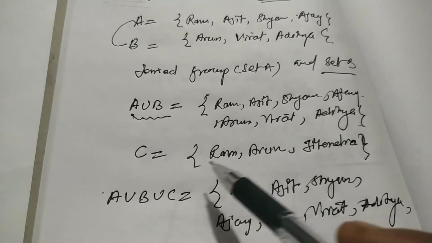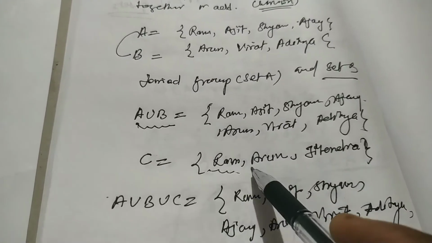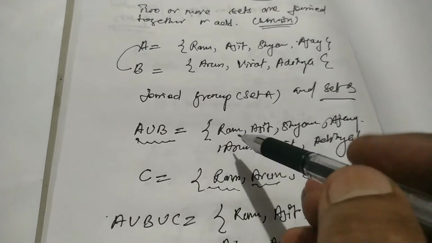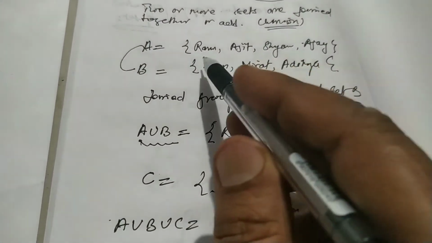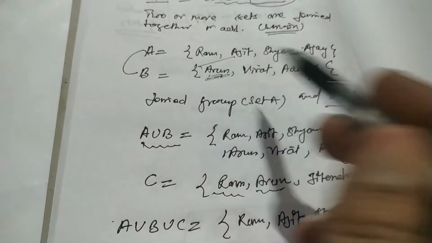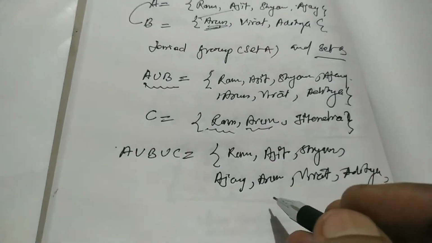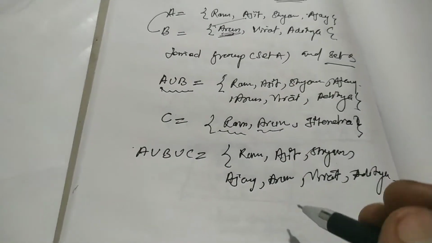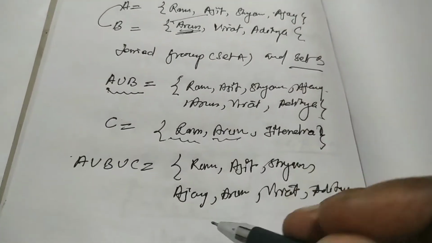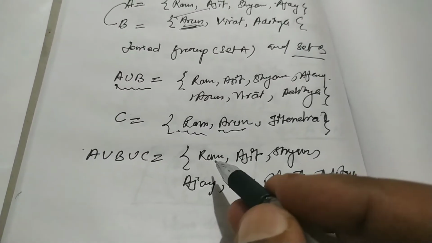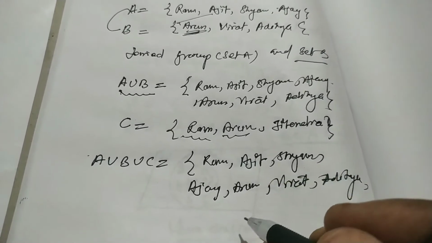and here, see, Ram and Arun are present in sets A and B. Ram is in set A and Arun is in set B. We cannot write them twice in a fresh group. If you want to make a list of these three groups' members, you cannot write the names Ram and Arun twice.